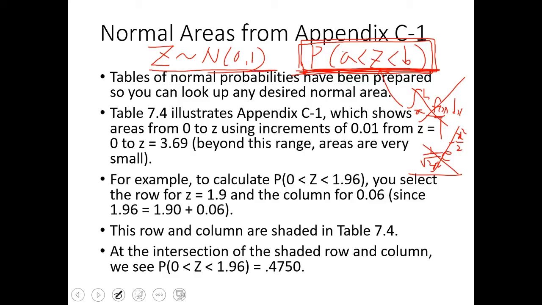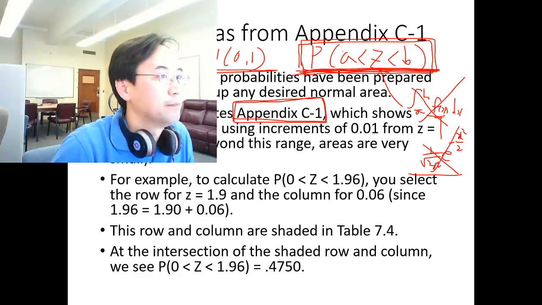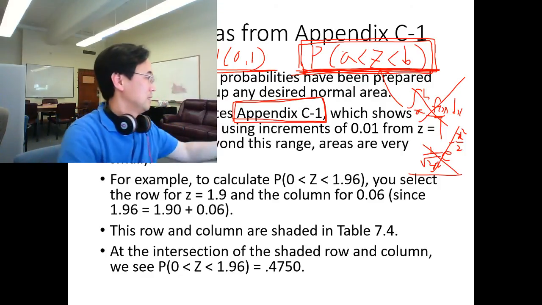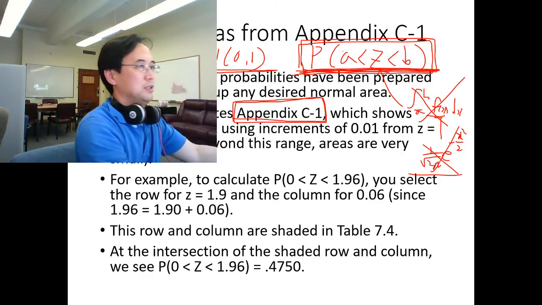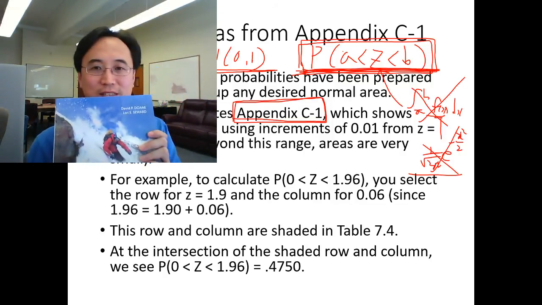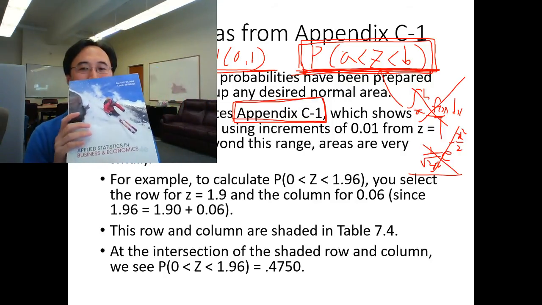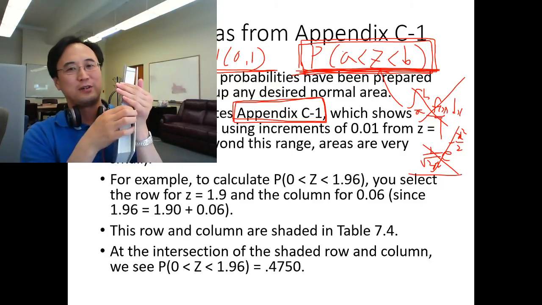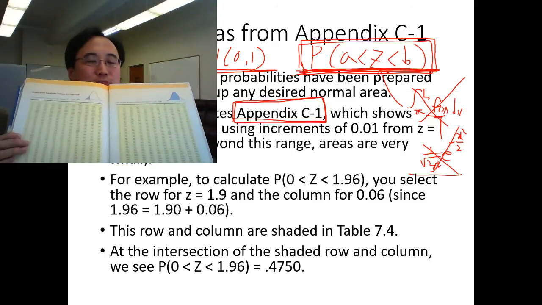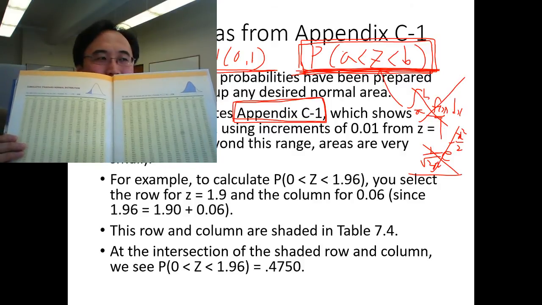So to know the properties of the normal distribution, we have to see appendix C1. Okay, so please find your book. You may have the 5th edition, whatever it is. In the end of your book, you have a table.